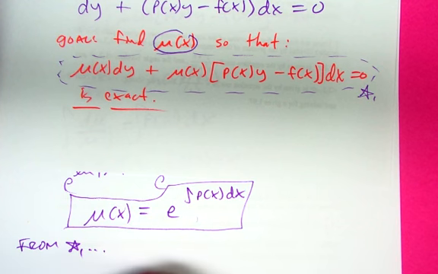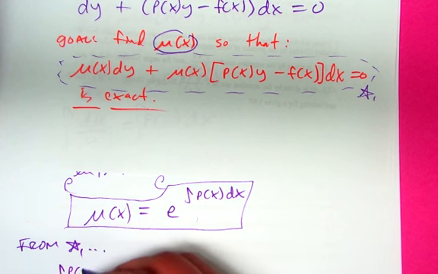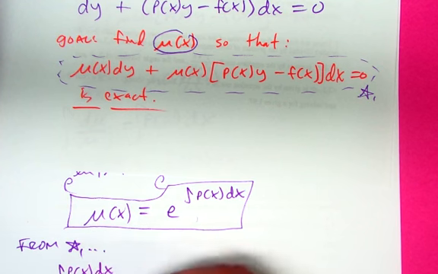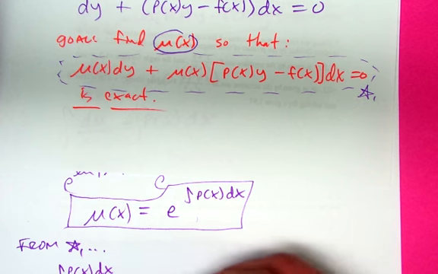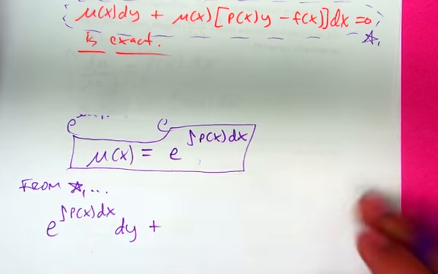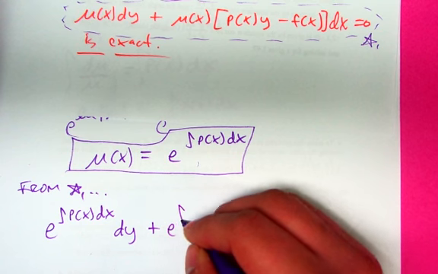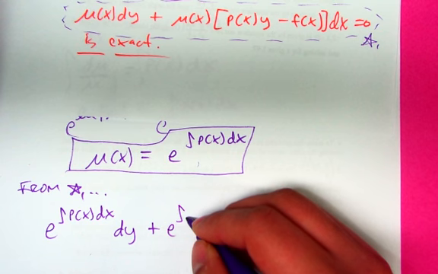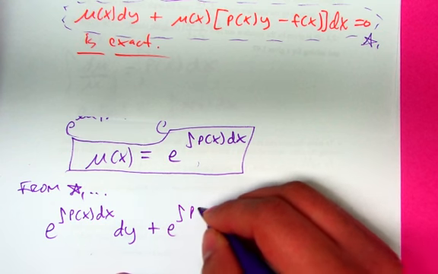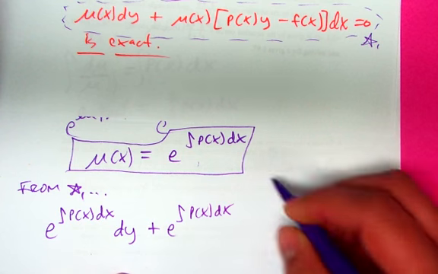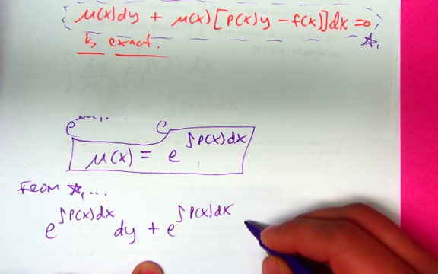So now I have e to the integral of p of x dx dy plus e to the integral of p of x dx. And I'm going to kind of move some stuff back around.